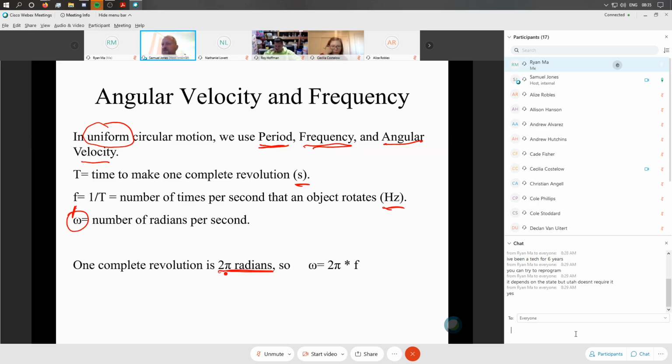So if I take my definition of frequency, frequency is the number of revolutions per second. If I replace the revolutions per second by radians, then I have to include that 2 pi there. So omega is equal to 2 pi times my frequency. And again, the 2 pi comes from converting from a complete cycle into radians. There's 2 pi radians in a complete cycle, a complete rotation.